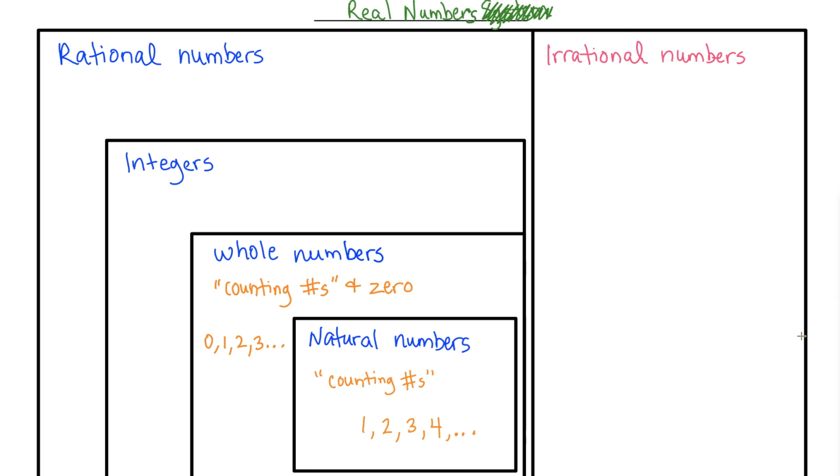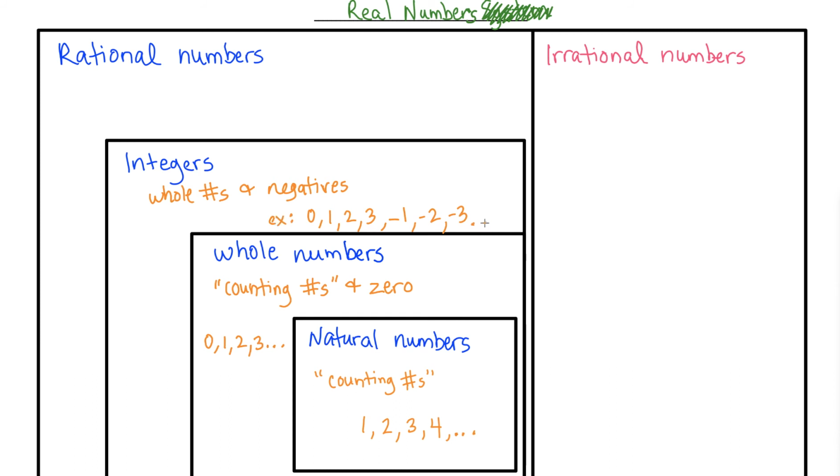Okay? Integers are going to be your whole numbers and negatives. So for instance, 0, 1, 2, 3, but also -1, -2, -3.